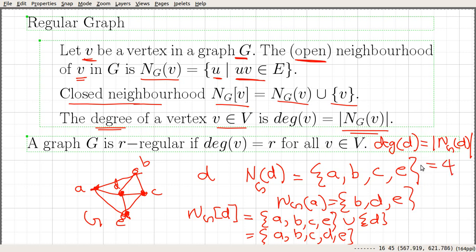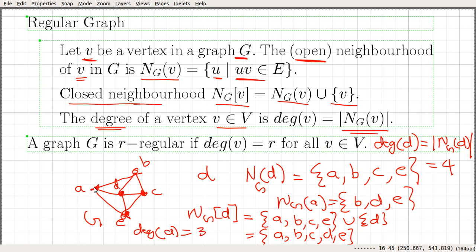We can see that the degree is nothing but the number of vertices adjacent to D. Similarly, the degree of A is the cardinality of the open neighborhood of A, which is equal to 3.